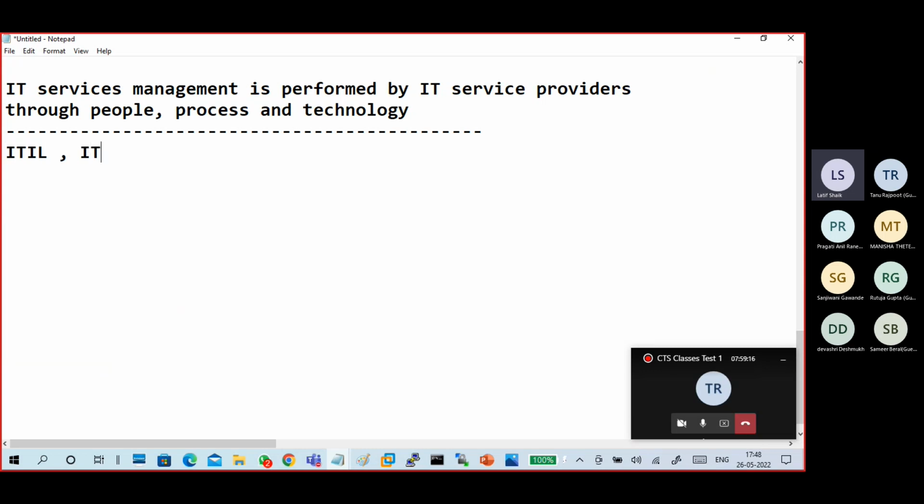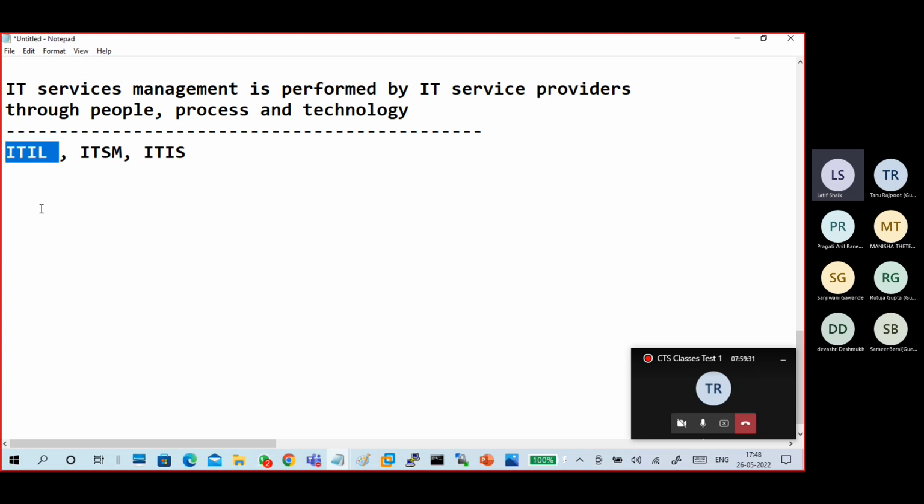What is ITSM? What is ITIL? Guys, ITIL is the main thing we are discussing, at the level of the entire organization.